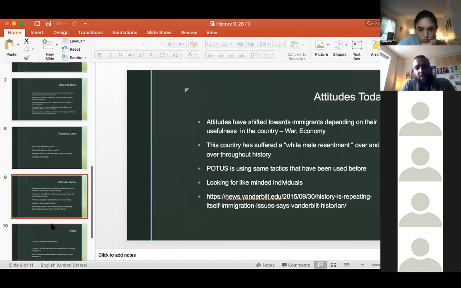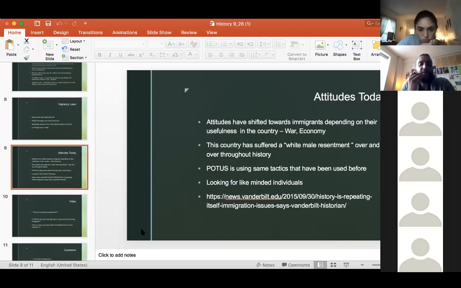We looked at a professor from Vanderbilt who was explaining how, remember, the 2 attitudes are usually war and economy. I also call it usefulness and economy. But this country has suffered a white male resentment over and over again through history. If you don't know what that is, then you cut and paste the hyperlink and you watch the professor explain what white male resentment is.